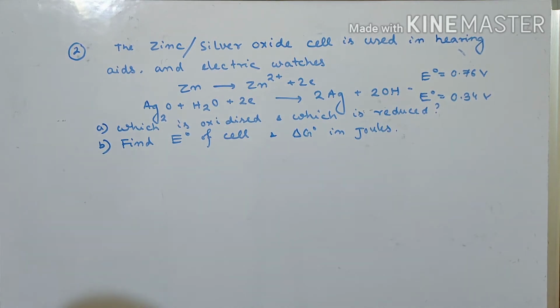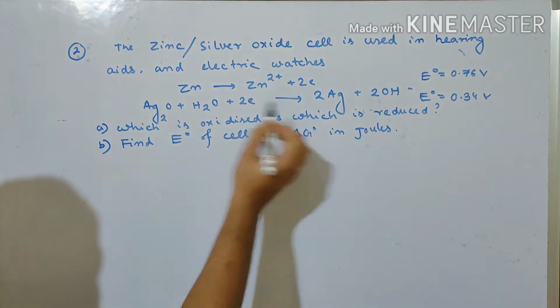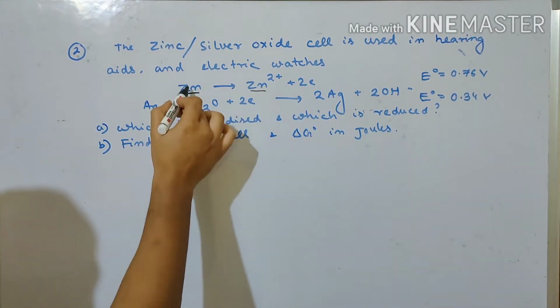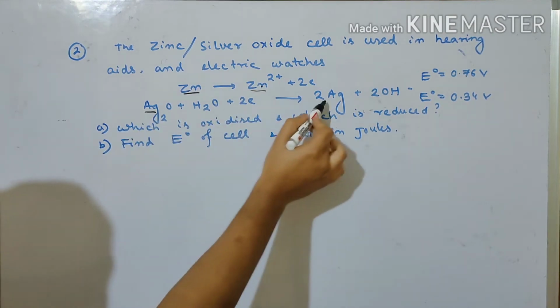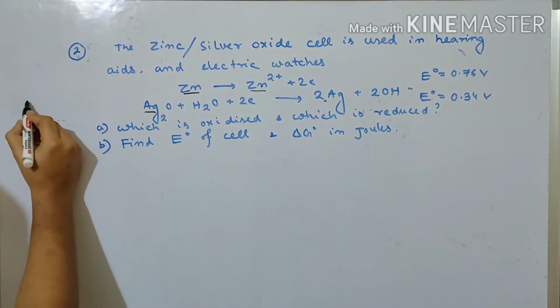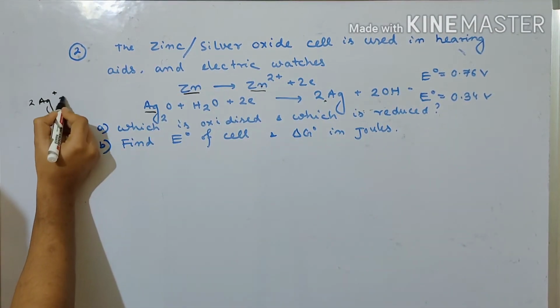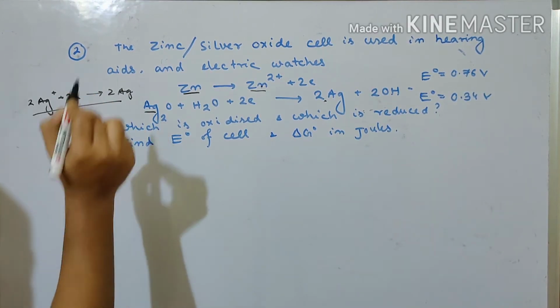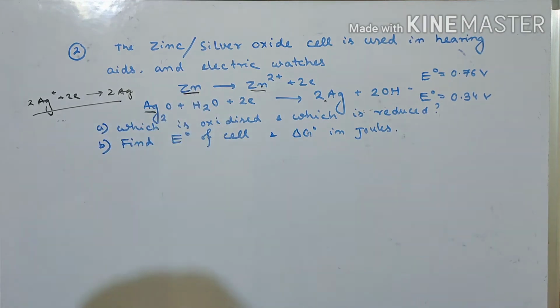As per the analysis, it is very easy to guess what is happening here: zinc is oxidized and silver is reduced, because here it is 2Ag+ plus 2 electrons giving rise to 2Ag, which is very easily determined, and zinc is obviously oxidized.